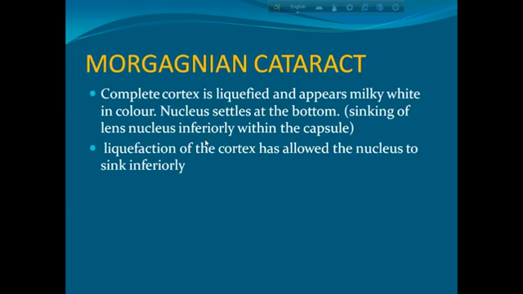After that, when the cortex is totally liquefied, the nucleus settles at the bottom, sinking inferiorly within the capsule. You know, in the center there is the nucleus of the lens. When the cortex is liquefied, the nucleus settles down at the bottom. This is the Morgagnian cataract.